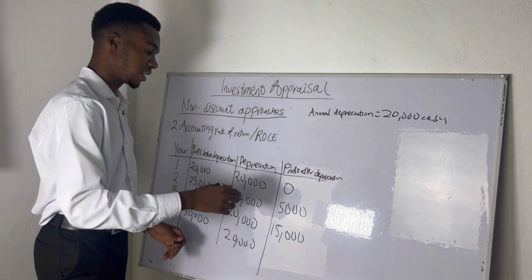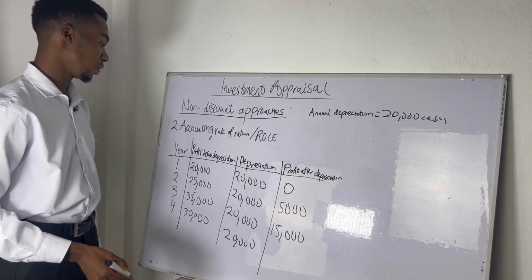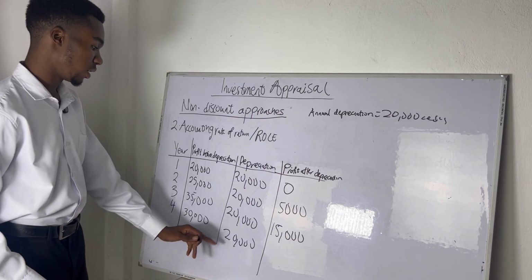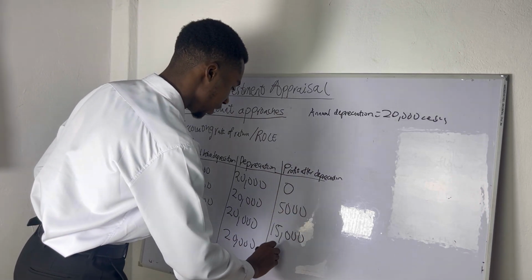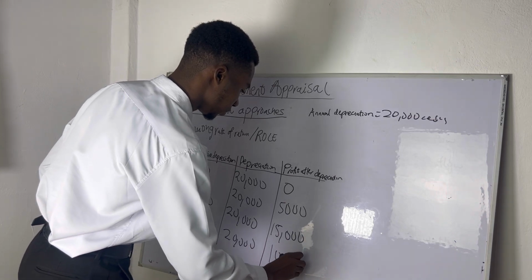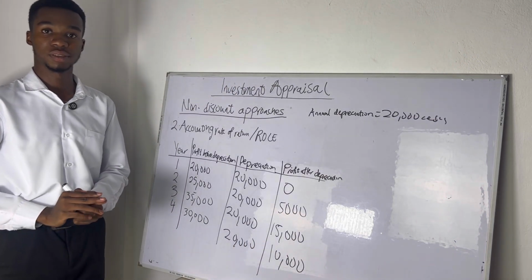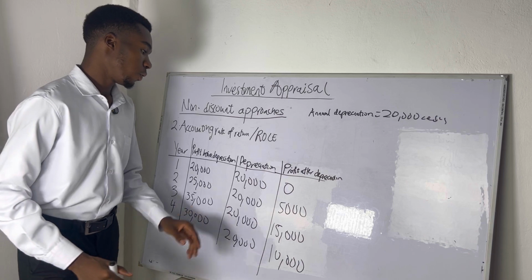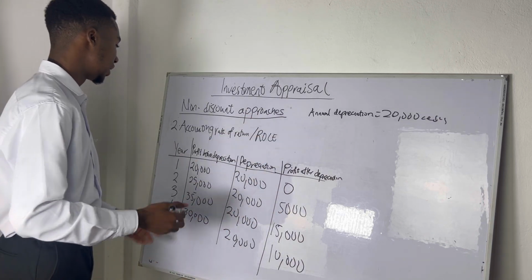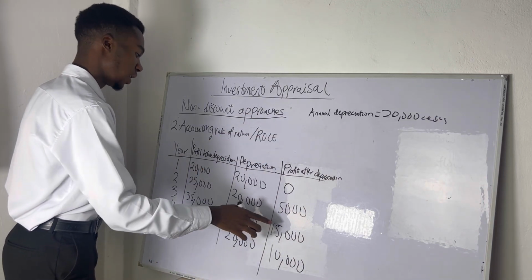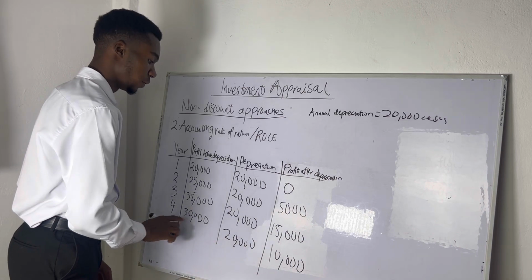So year 3, after it had depreciated, we got 15,000. Then year 4, 30,000 minus 20,000, we are getting 10,000. So now, this is what we get for the profits for each year: year 1, 0, year 2, 5,000, year 3, 15,000, and year 4, 10,000.